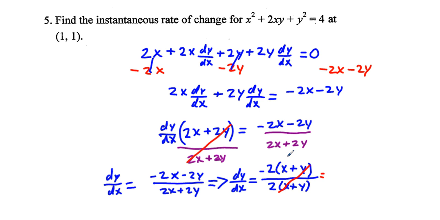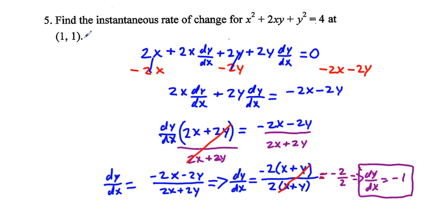So we have negative 2 over 2, which equals negative 1. Therefore, dy/dx simplifies to negative 1. And that will be our implicit differentiation for problem number 5. Simplified out quite nicely here.